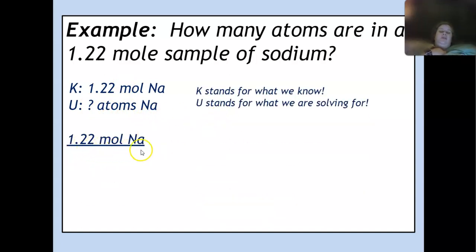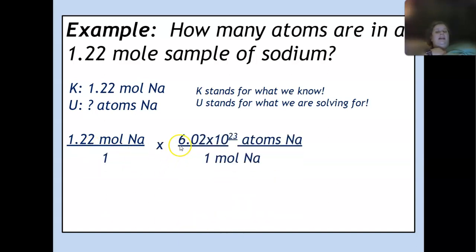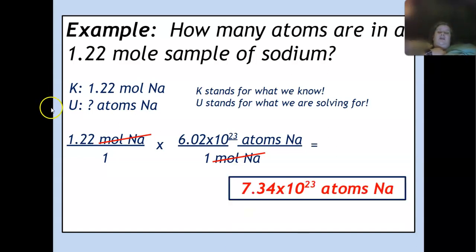So we're going to take 1.2 moles of sodium, divide that by 1, times that by 6.02 times 10 to the 23rd atoms of sodium, divided by 1 mole of Na, because you're going to get rid of the mole unit. We cross multiply to get rid of our units, and then you just multiply straight across and divide by the bottom, which is 1. So you get 7.34 times 10 to the 23rd atoms of sodium.